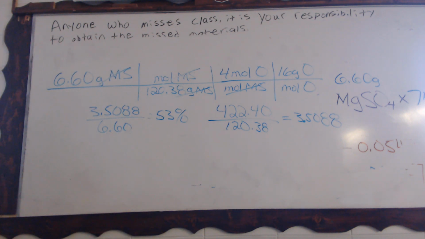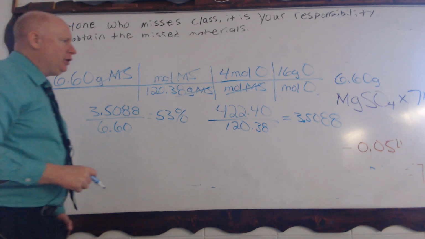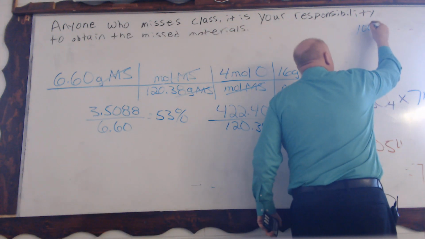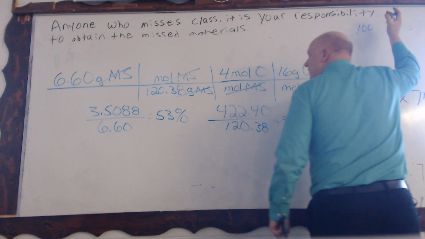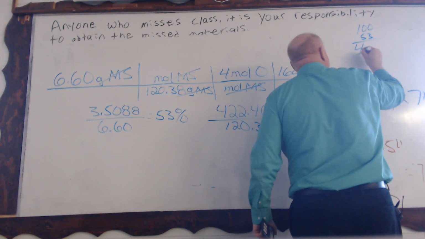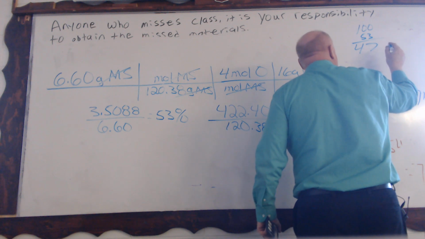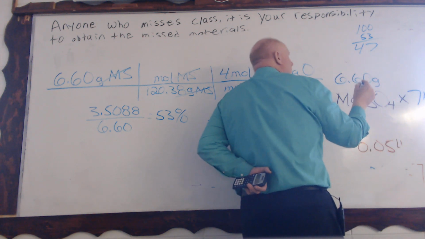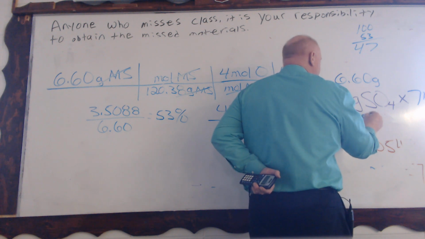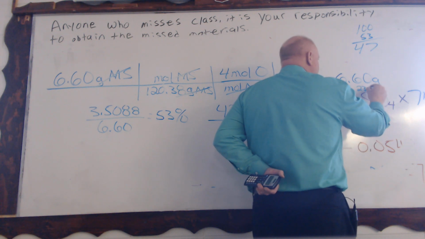Okay, now, could we conclude that if we took 100 grams or 100% and took 53 off of that and we get 47, could we conclude that this is 23.50 and this is 23.50?